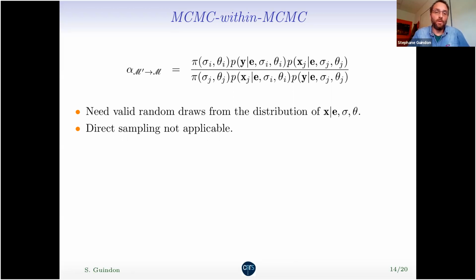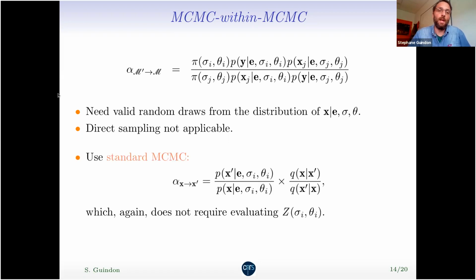And because there's no direct way of sampling from the corresponding distributions, what we had to do is implement a Markov chain, a standard Metropolis-Hastings algorithm, to generate valid random draws for those pseudo random variables.